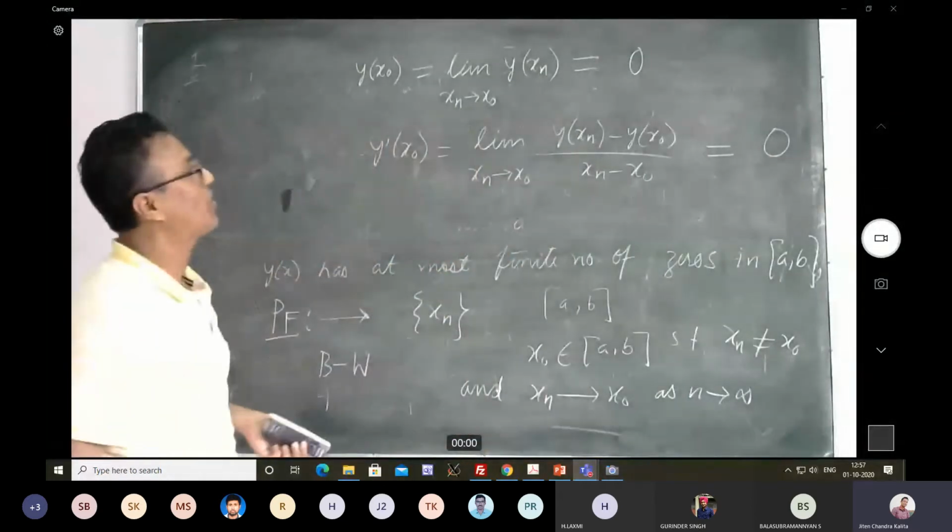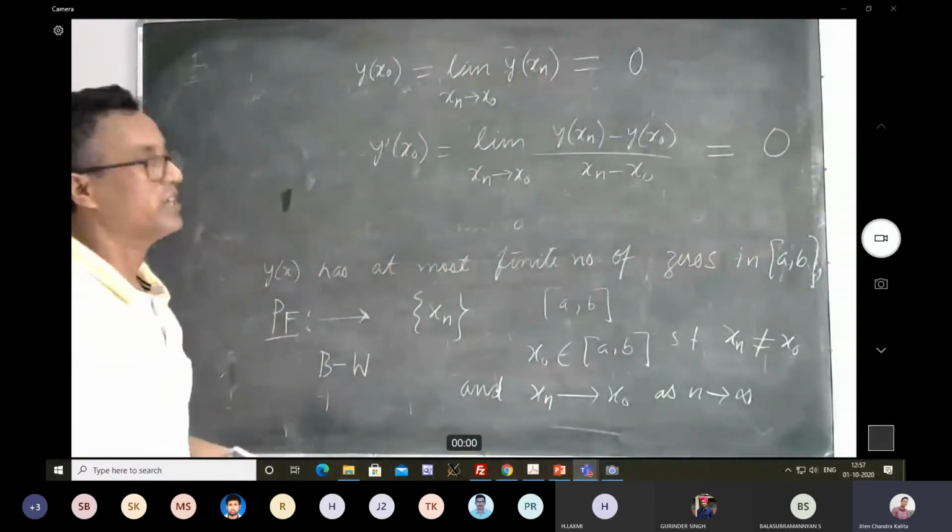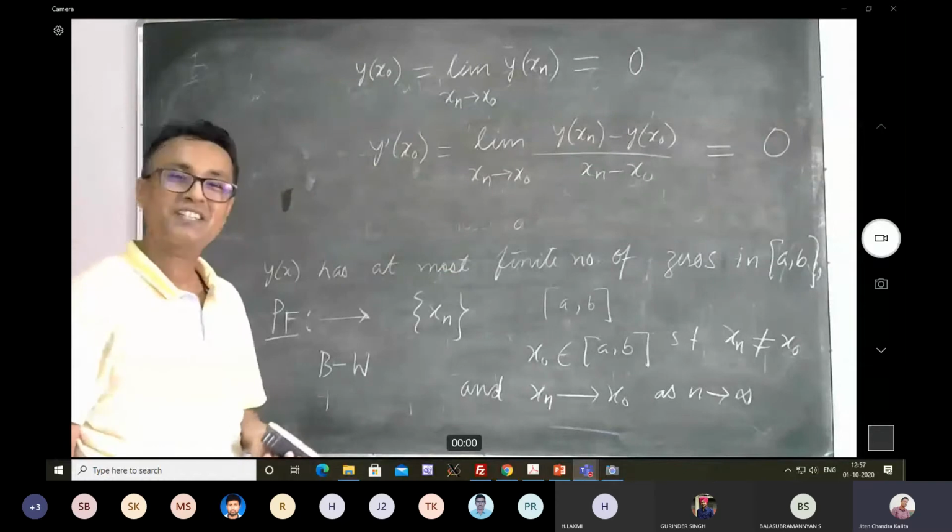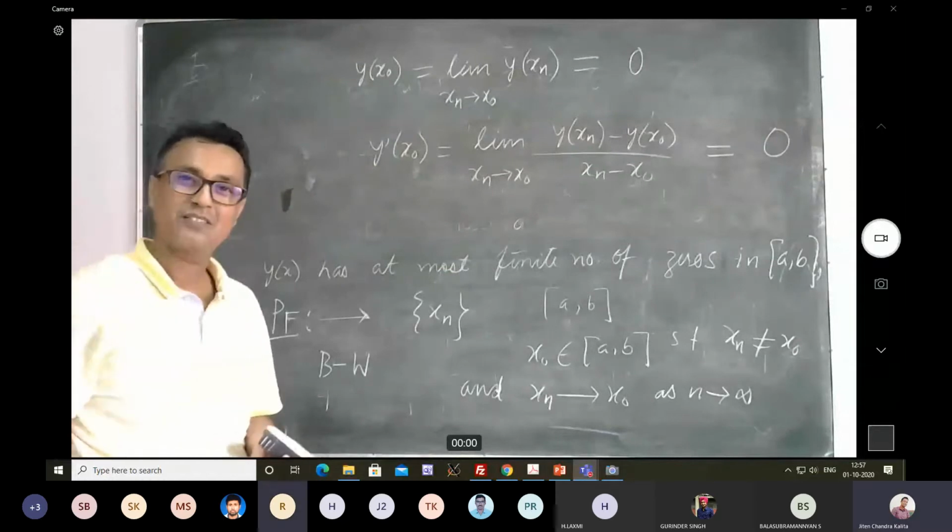Right? And from these two statements, what do you get? y is equal to 0.